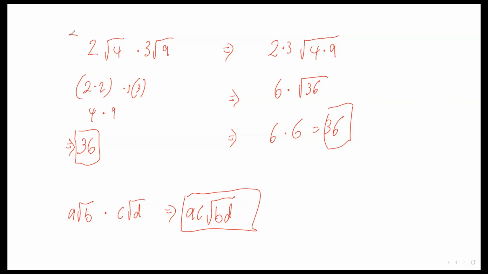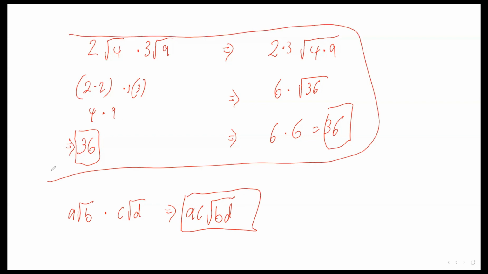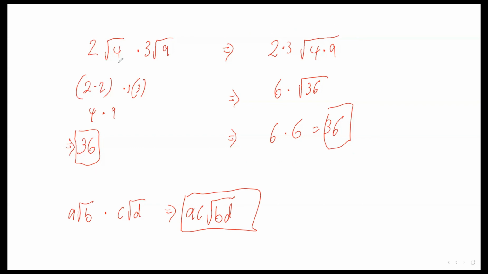And you could see it holds true. Now, this actually only applies if the index of the radical is the same, or if you have many radicals, the indexes are the same. For example, if you had a cube root here and a cube root here, then it would work. It won't work for different indexes.